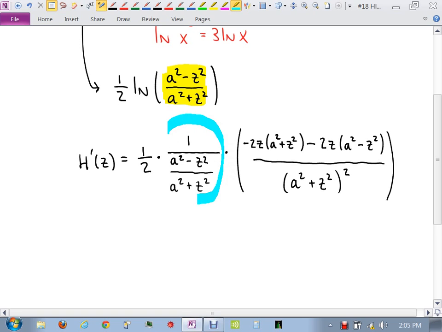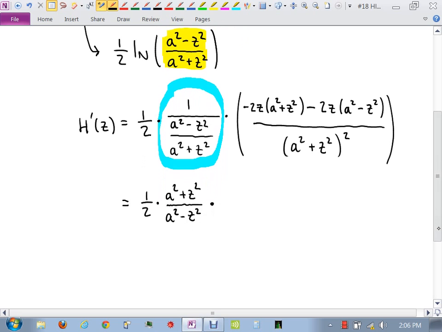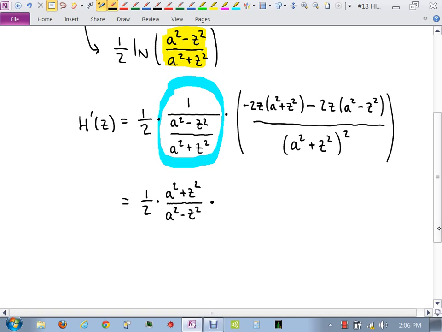What about this? What's 1 over a fraction? It just flips the fraction over, doesn't it? So this becomes, I'll just leave the 1/2 out here for now, a squared plus z squared over a squared minus z squared, times, now I'd like to distribute the negative 2z through, and distribute the negative 2z through again.